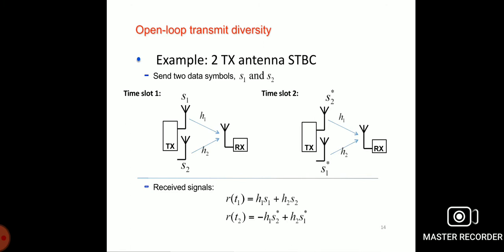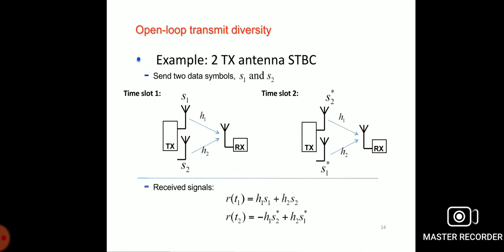Now, an example of open loop transmit diversity: we use two transmitter antennas to send the data symbols S1 and S2. At the receiver side, in time slot 1, the receiver has a single antenna. So the transmitter sends S1 and S2 in time slot 1.